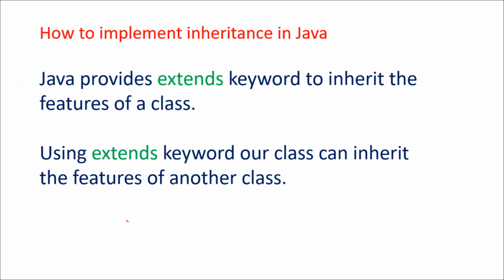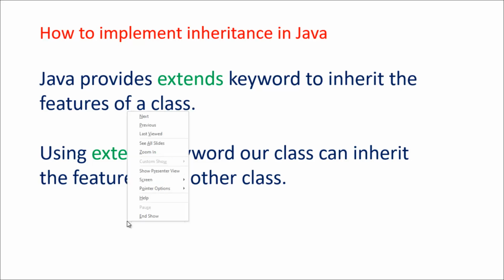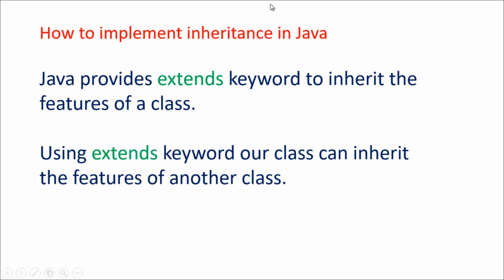Now, how to implement inheritance in Java? Java provides the extends keyword to inherit the features of a class. Using the extends keyword, our class can inherit the features of another class.